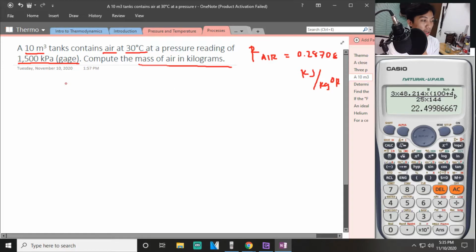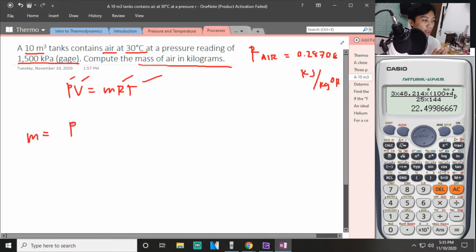What is given here is the ideal gas law, that is the PV equals MRT equation. Now, you have the pressure in gauge, you have the volume, you have R, and you have T. We need absolute.